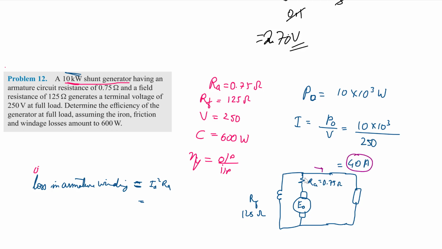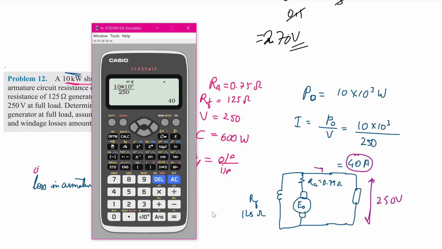And the voltage across this is 250 volt. So the voltage across RF, the field winding, is 250. So IF, I can write, IF is 250 divided by 125, which is equal to 2 amp.